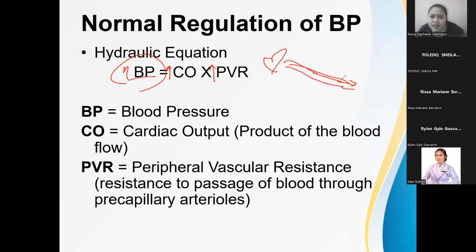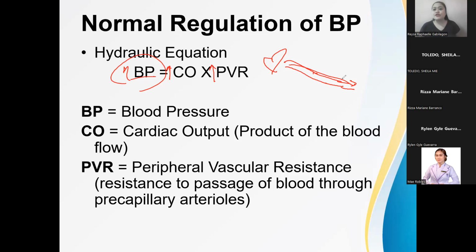It's the same thing. Vascular resistance. It's still vascular resistance, blood vessel resistance. Pero kung systemic, it's more on the heart. Itong peripheral kasi, it's outside the heart. Okay? Outside the heart. Meaning our blood vessels in our body outside the heart. Our own heart also needs blood for it to keep working.